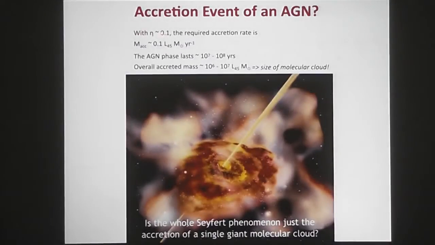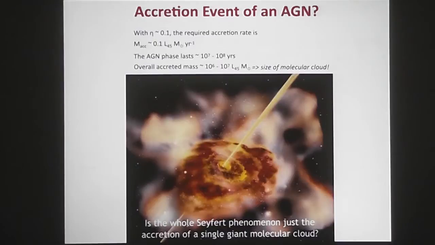With an efficiency of this, you would end up with an accretion rate which goes like 0.1 times the luminosity over 10 to the 45 times solar masses per year. An AGN lasts this long, and so effectively during this time, you would accrete something like 10 to the 6 to 10 to the 7 solar masses.